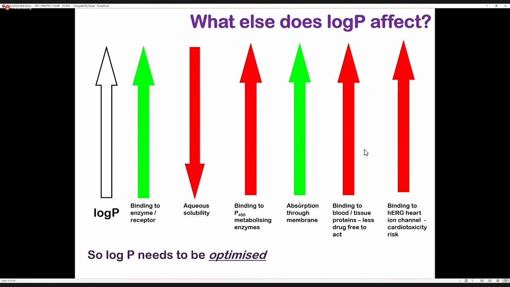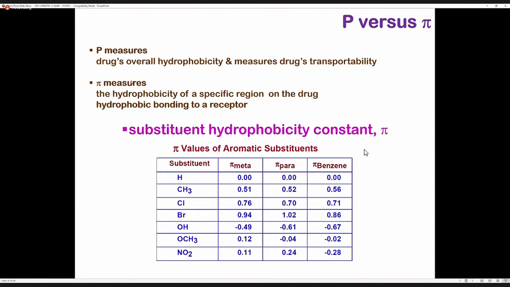Because whether it can bind to the protein is a good thing, but if it cannot reach the protein you are targeting, it is of no use, right? Alright, log P measures the drug's overall hydrophobicity and measures the drug's transportability.